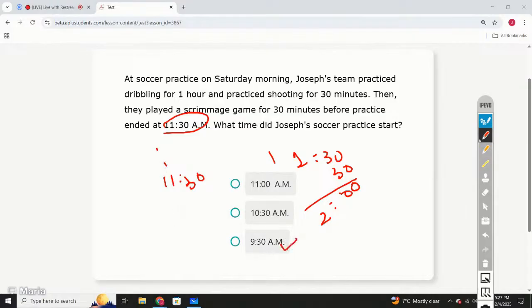So that means he started at 9:30. The correct option is 9:30.